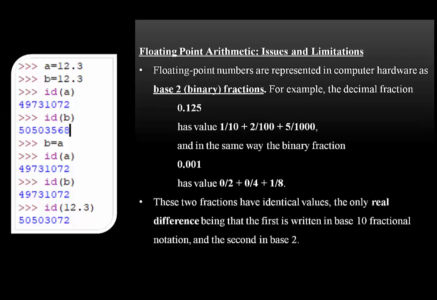So what I am trying to say is, though you are storing the value, let's come back to our example. Though we are trying to store the value a is equal to 12.3, b is equal to 12.3, you don't know how 12.3 is stored in the system.